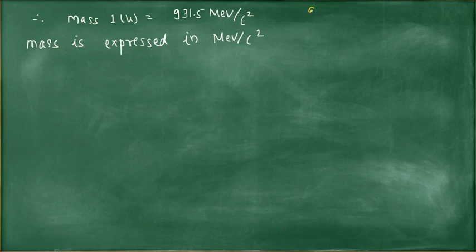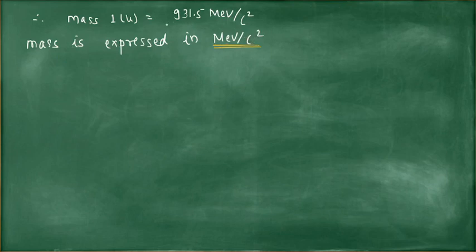If you write only 931 mega electron volt, this is not the mass, but this is the energy which is obtained when 1 AMU is converted into energy. So mass is expressed in mega electron volt per c square.